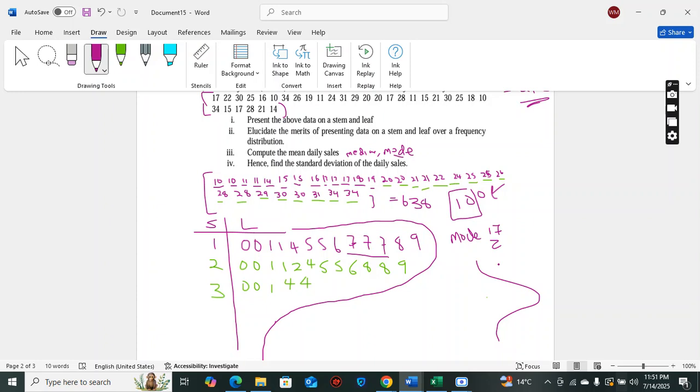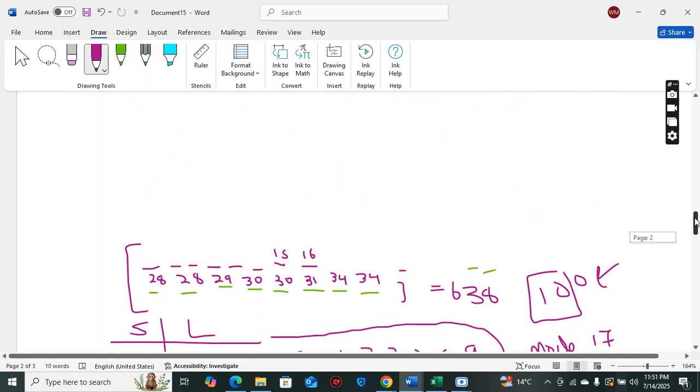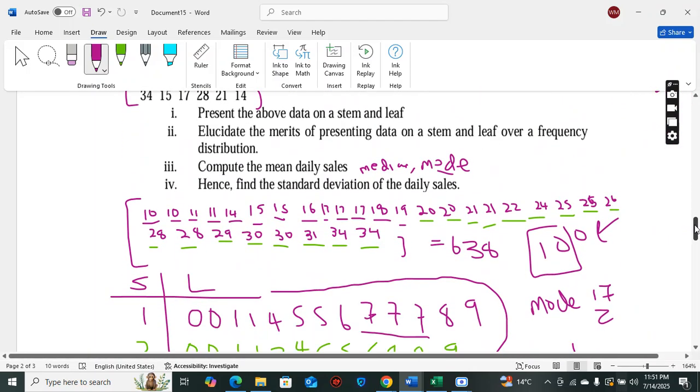Then the median. I don't know which way is faster. You can use the formula to locate the position of the median and then you find it, or you can use the other way.